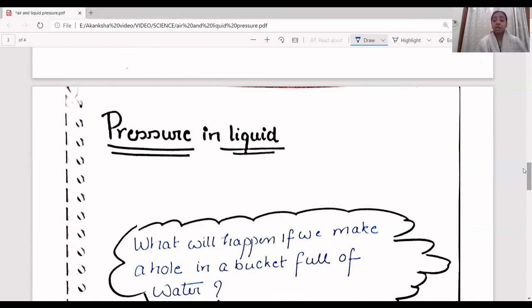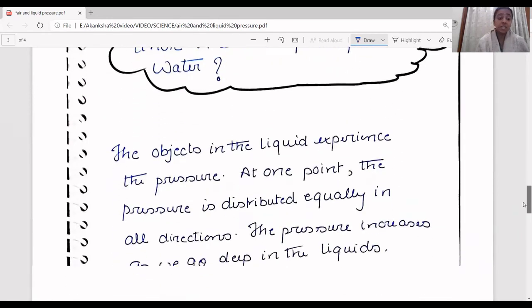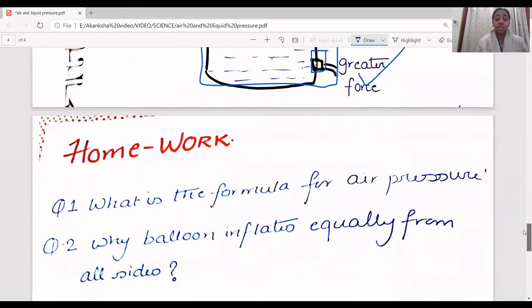I have taken an example of air pressure, filling air in a balloon, and I've also discussed another example of pressure in liquid, which is a beaker or a bucket full of water. I've created two holes, one at the top, one at the bottom. The top hole has less force from which the water is coming out, and the lower hole has more force of water, right? So that is all about pressure.